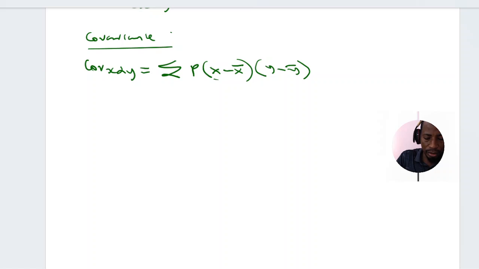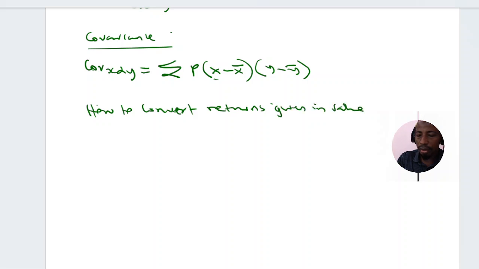Okay, how to convert returns given in value to percentage.